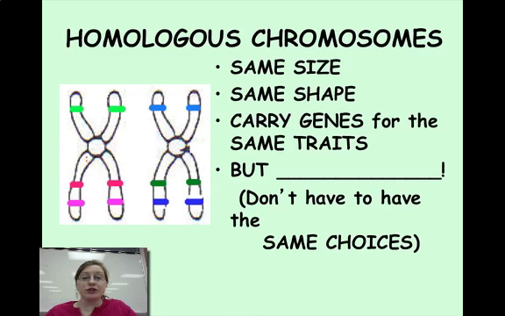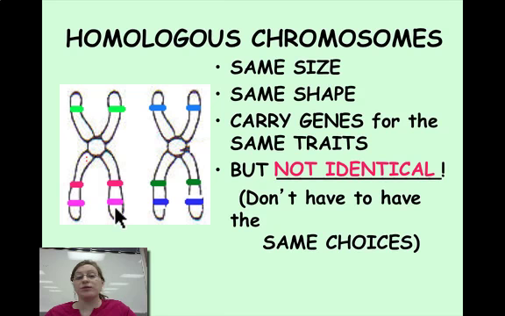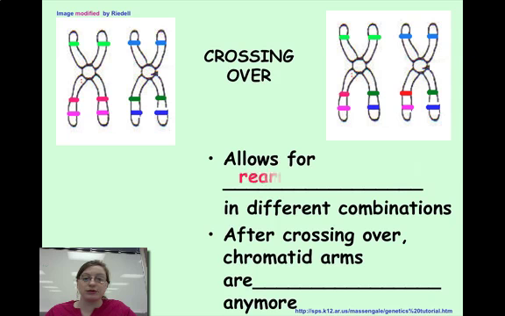So just reviewing again, homologous chromosomes are not identical. They have the same genes, and they're the same chromosome number, but they could be different expressions of those genes. One could be dominant, one could be recessive. So when you add crossing over in, you're going to create new combinations between the maternal and paternal chromosomes.